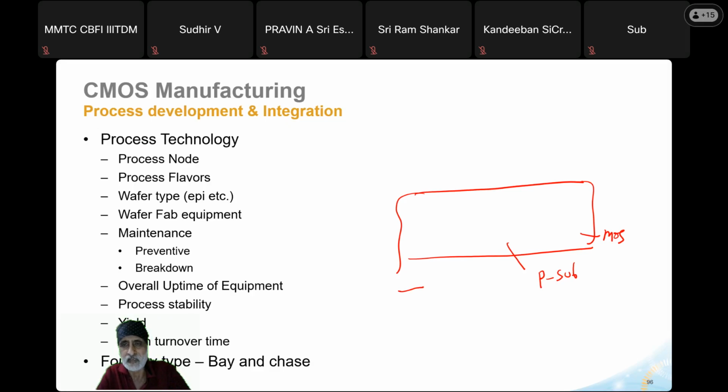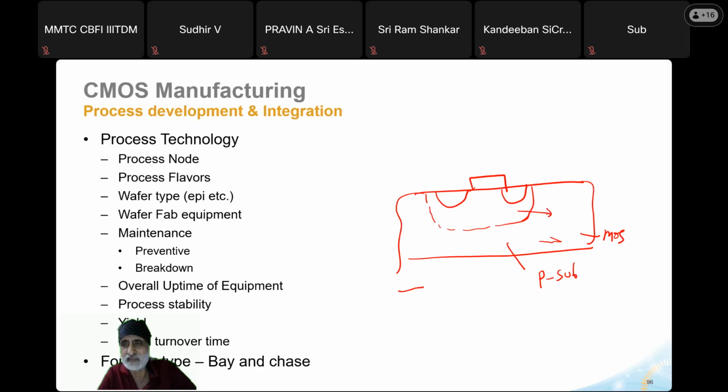The basic topology of a MOSFET has a gate, a source, and a drain, and there is a well under which these devices are made. Then the next device will be on the side of this. We will have various modules.